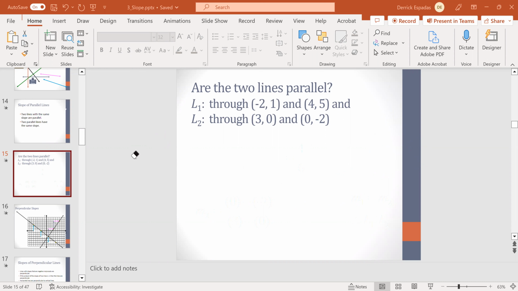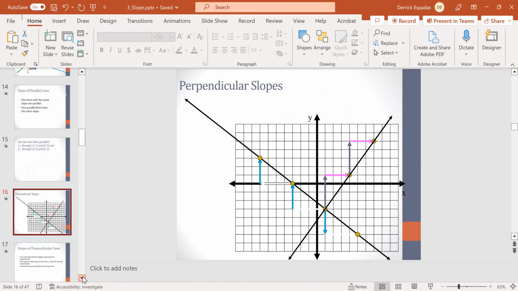Perpendicular lines look something like that. And they could be at an angle, so they don't have to be perfect, because that's definitely not. But you get the idea. And there's a particular rule with perpendicular lines that we follow with slope.